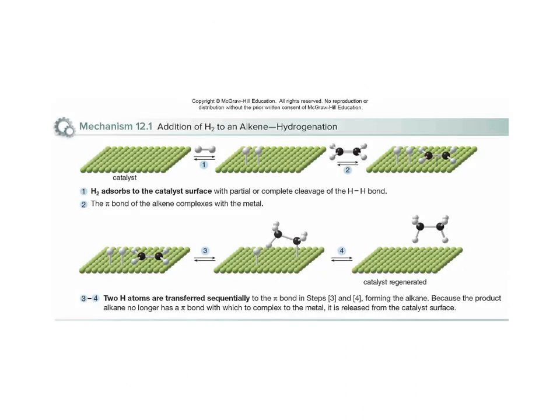So here's a picture of the mechanism for how H2 adds to an alkene in this catalytic hydrogenation. First you need to have your metal catalyst right here, and your metal catalyst can adsorb the hydrogen, which means it sticks to it. So the hydrogen adsorbs to the metal catalyst right here. The pi bond of this alkene then lines up also on the metal catalyst right next to the hydrogen.